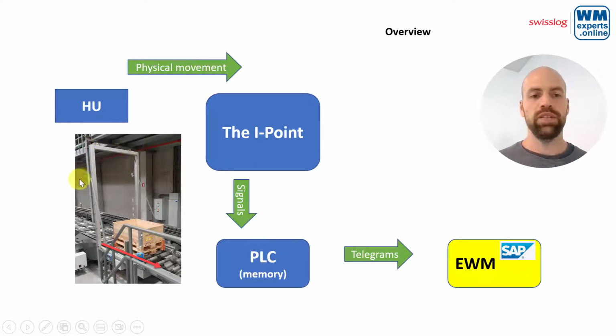So the HU passes the iPoint, and at this point in time, sensors are being activated. Usually we have some sensors which detect the HU as such and then activate other sensors, which, for instance, read the dimensions, try to identify the HU, or capture the weight, capture the quality of the feeds of the pallets, the tunnel, for instance, and the runner, and all those signals end up in the memory of the PLC.